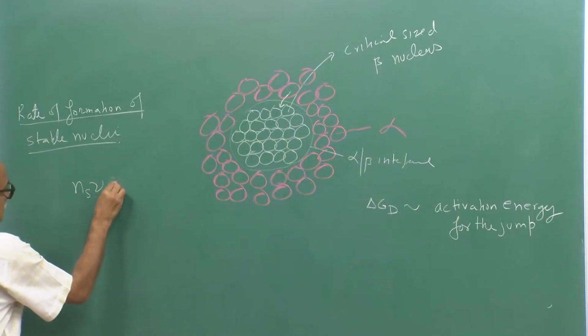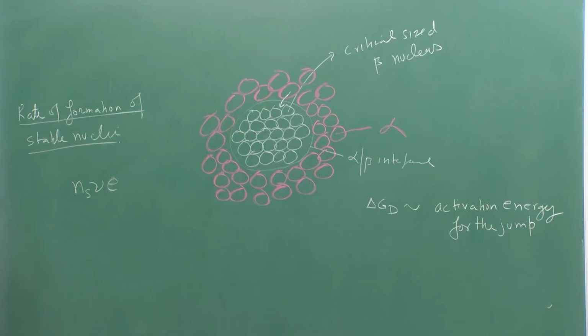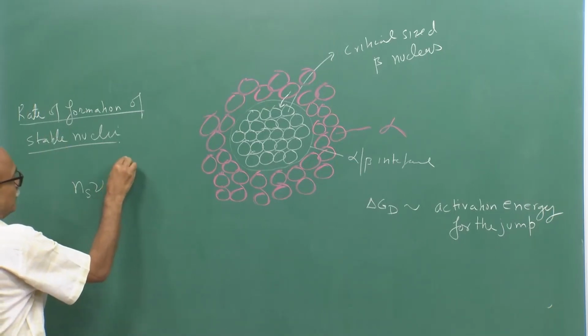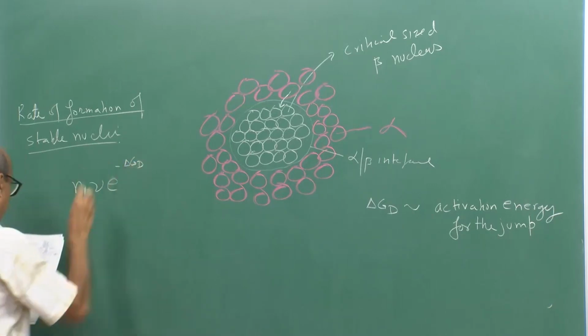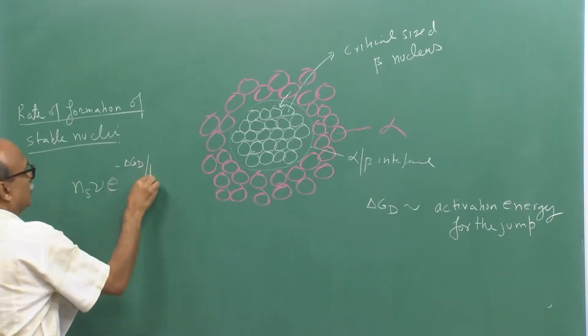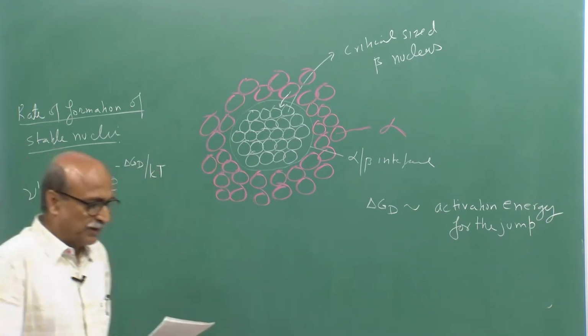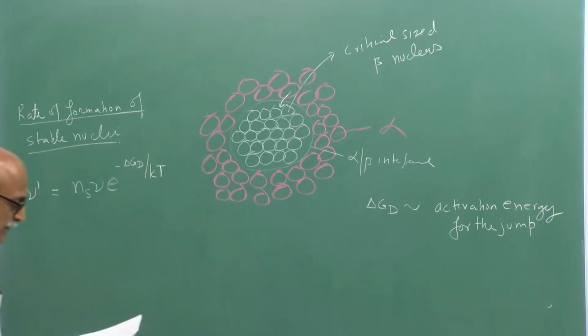And therefore, the probability of a jump is related to e to power minus delta GD divided by kT, where k is the Boltzmann constant and T is the temperature. All of this put together gives me the rate nu prime at which I would be forming a stable nuclei.